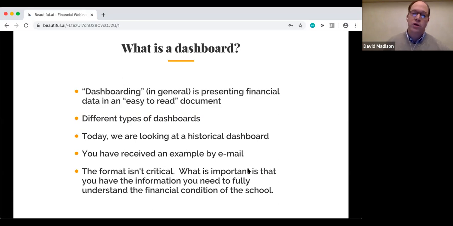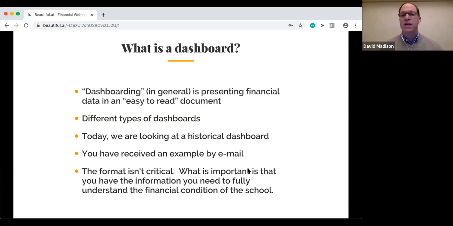The one we're going to look at today, I call a historical dashboard because it takes 11 different points of data and puts those on a dashboard for several years of history of the school. It's very helpful to give you a strategic snapshot of how the school's doing on a variety of things that we think are important for financial planning.